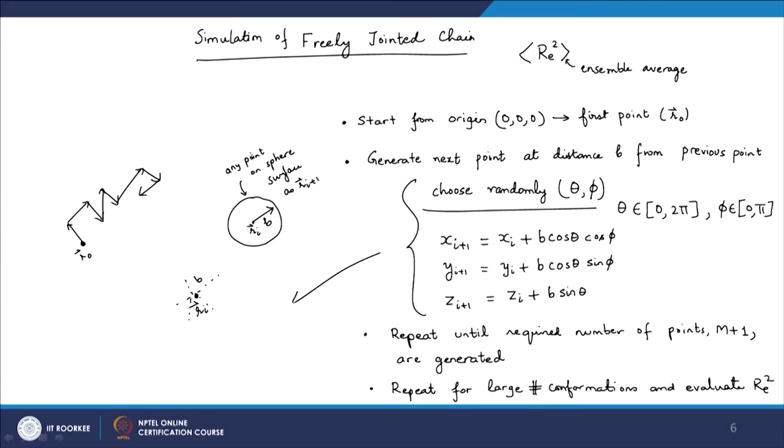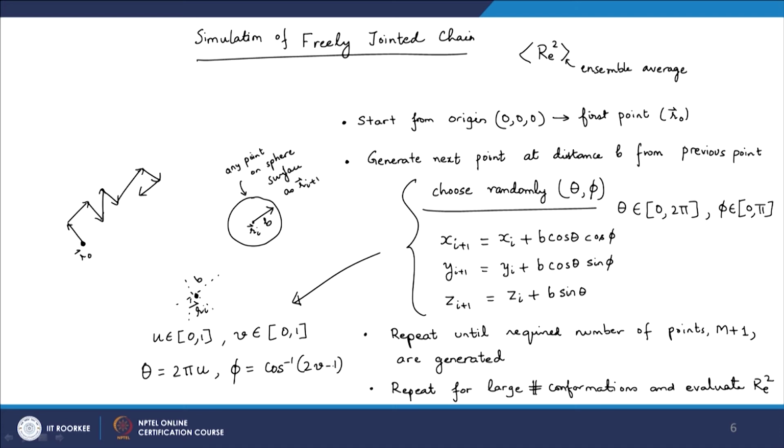An alternative way is to generate two random variables, u between 0 and 1 and v between 0 and 1, and then generate theta as 2 pi multiplied by u and phi as cos inverse of 2v minus 1.